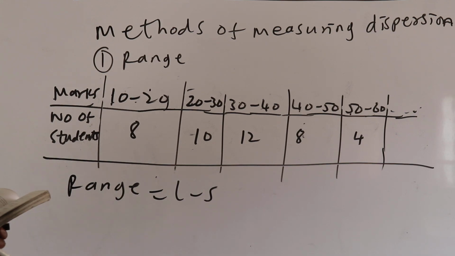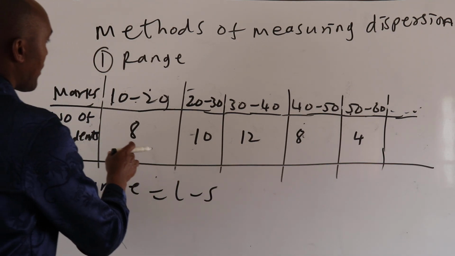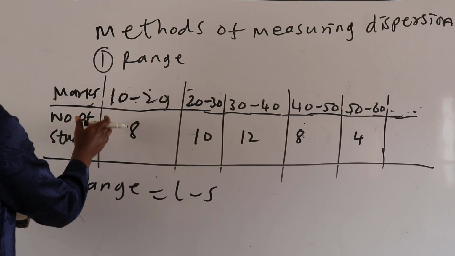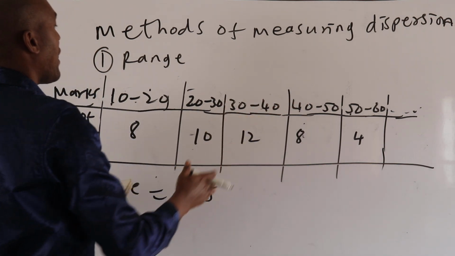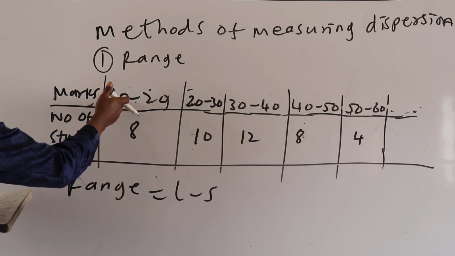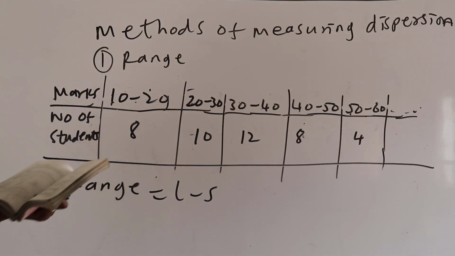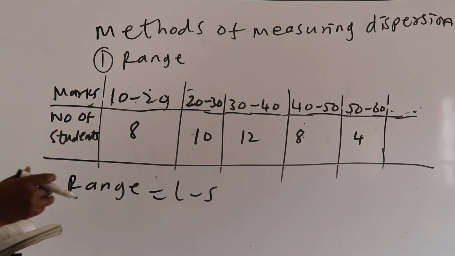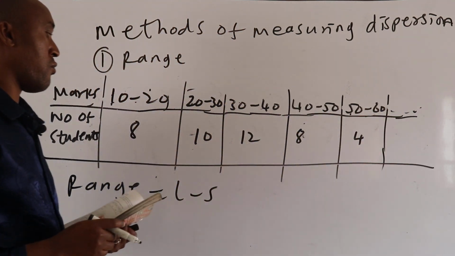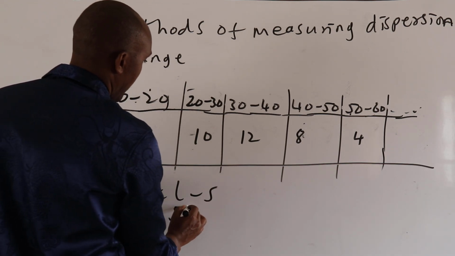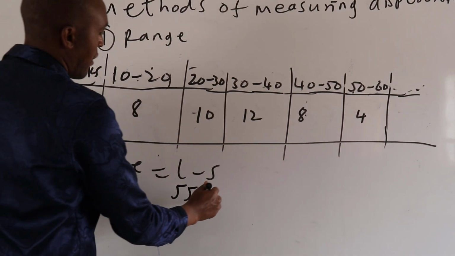We look at the lowest class level and the highest class level. The lowest is 10 to 20, the highest is 50 to 60. So I get 50 plus 60 and divide by 2. If I do that, I will get 55.